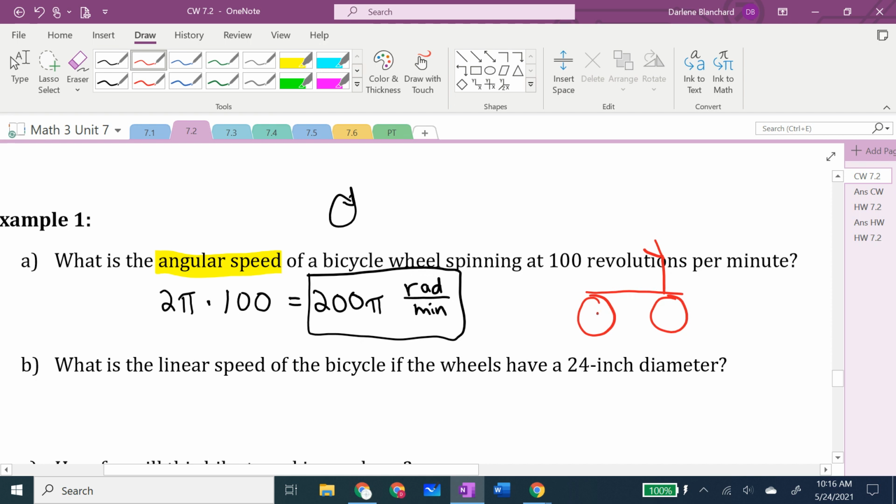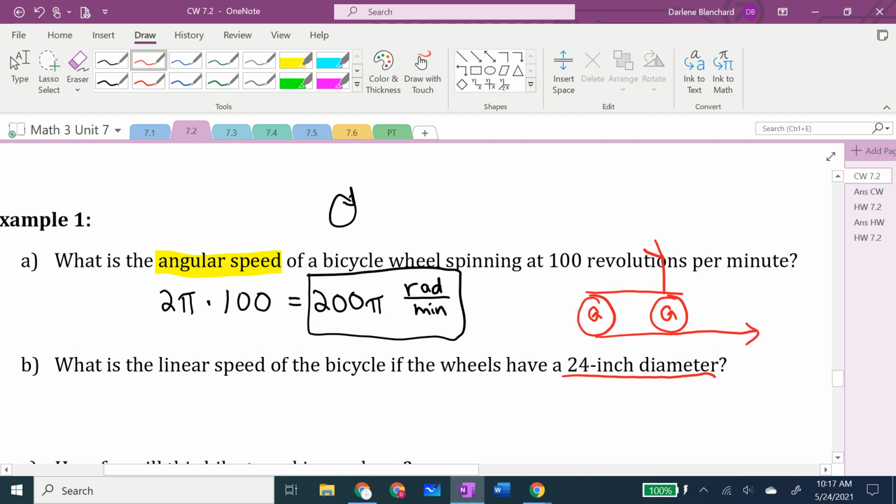You have your spinning wheels. We know how quickly those wheels are spinning. If we know that those wheels have a 24-inch diameter, we want to know the linear speed. How quickly is it moving forward?